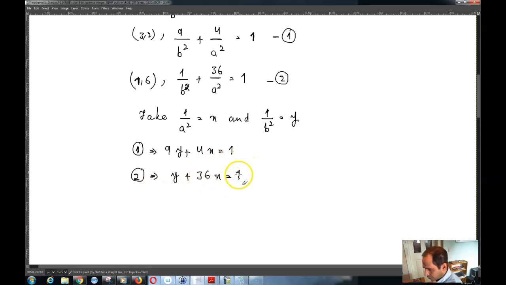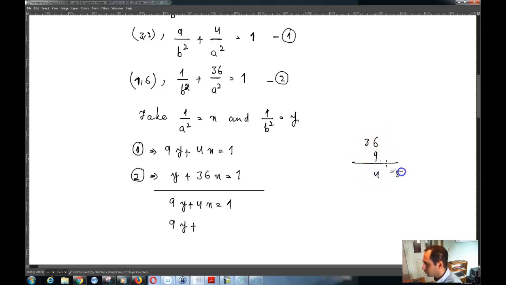Now I can multiply this equation down here by a factor of 9. So I can write the first equation as it is, 9y plus 4x is equal to 1. Multiply the other equation by 9, and I will get 9y plus 36 times 9, which is 324, so 324x is equal to 9.